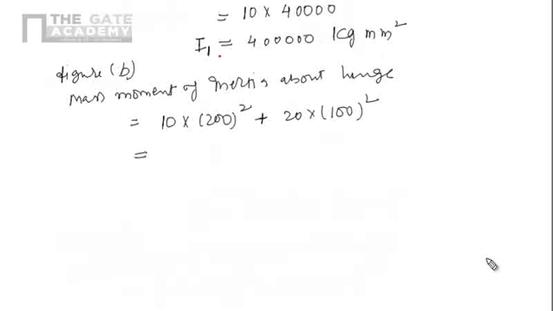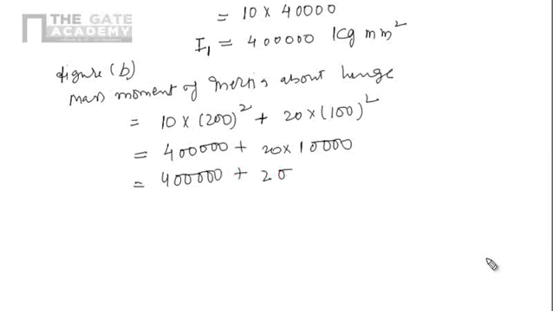We know that 10 into 200 square is 4,00,000, plus 20 into 10,000, which is 2,00,000. So the total comes to 6,00,000 kg mm square. Let's say it is I2.